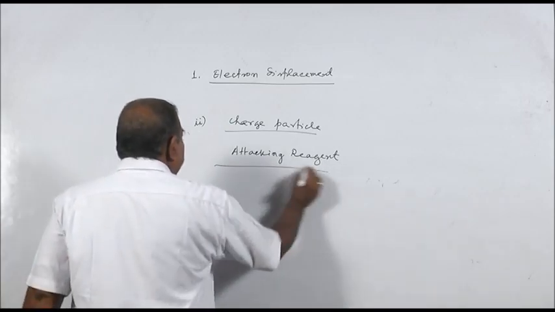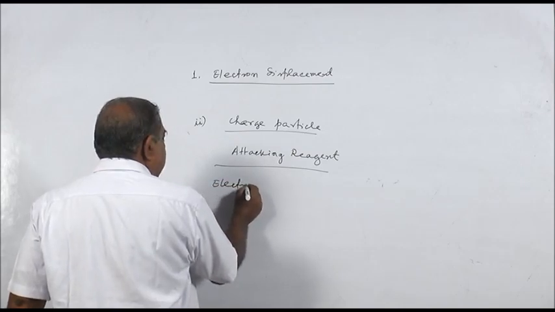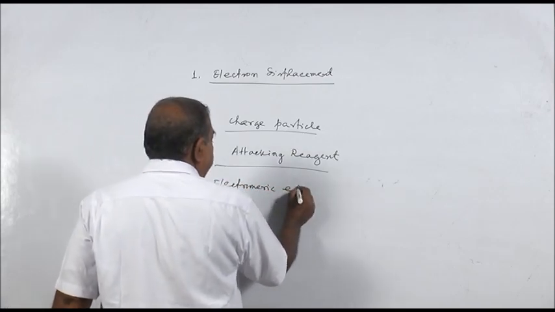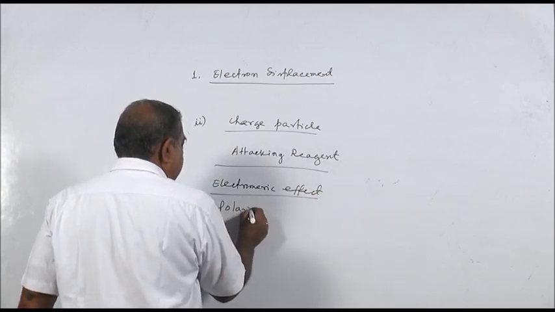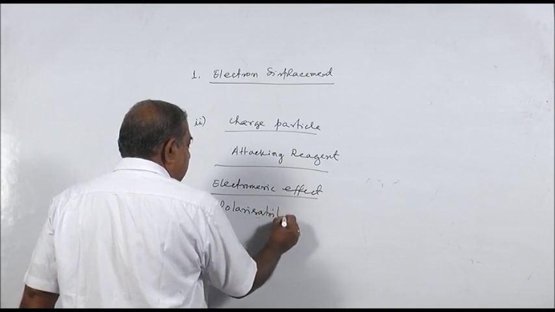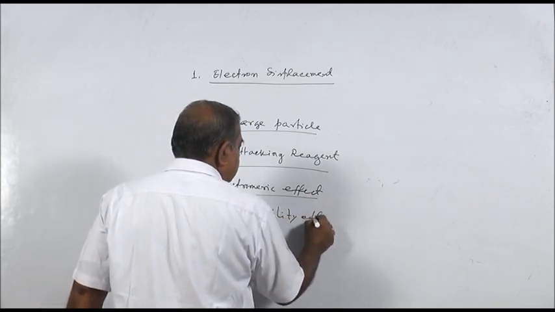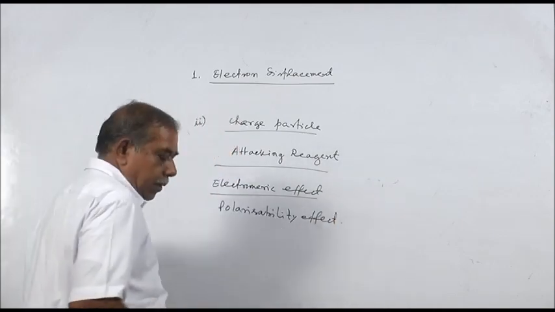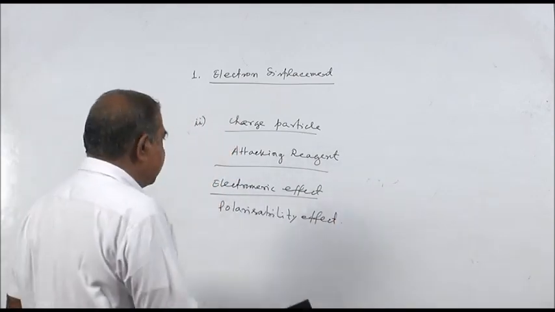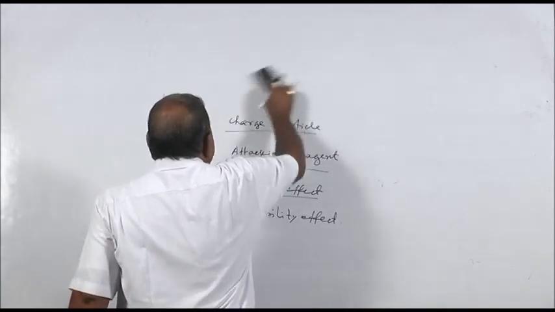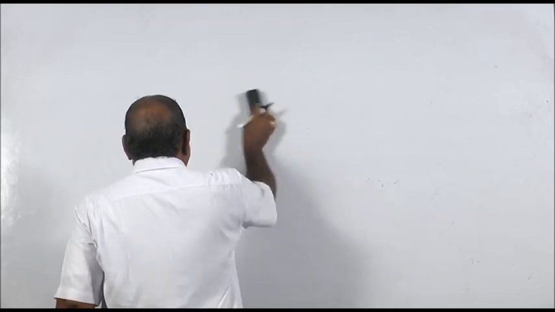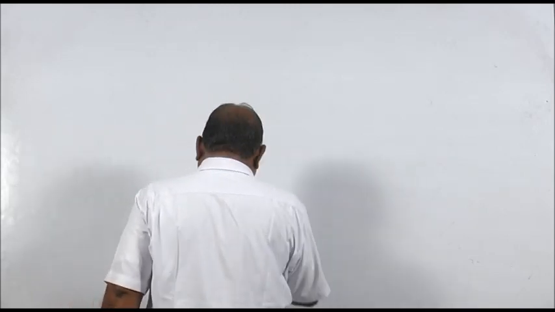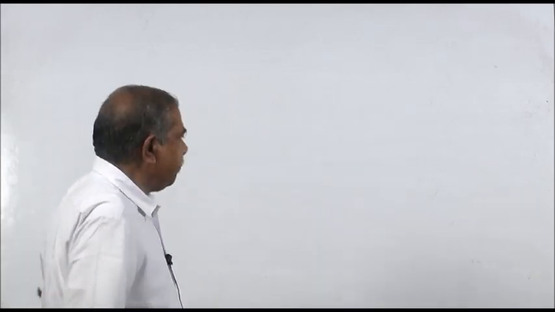Under that will come your electromeric effect, also the polarizability effect, etc. So electrons can be displaced either due to the presence of some atom or group or substituents, or due to an attacking reagent. The first category is a permanent effect, the second category is temporary.